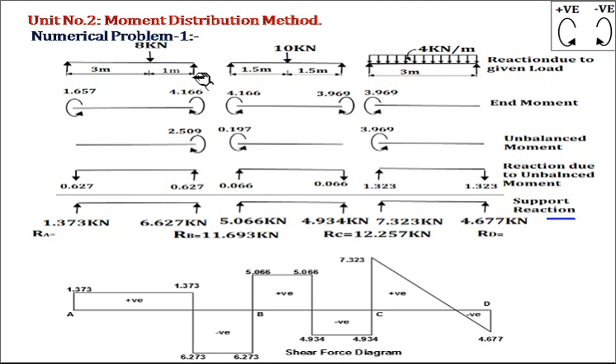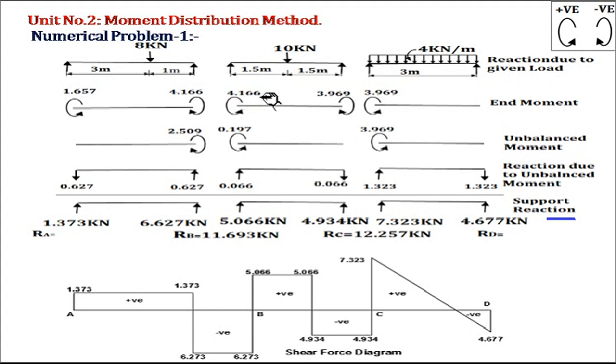Moment in member BA is minus 4.166. Minus means that the moment is acting in clockwise direction. So the moment in member BA will be 4.166 clockwise. Moment in member BC will be 4.166, plus meaning anti-clockwise direction.